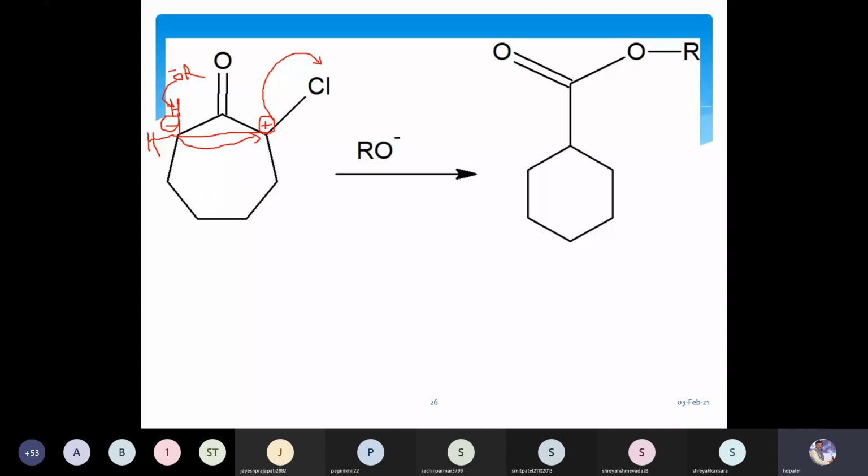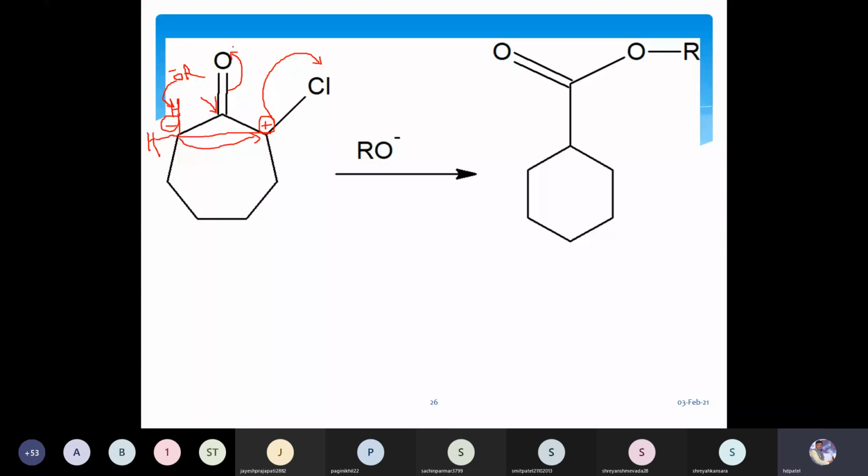When we have the cyclopropanone derivative, OR minus will attack on this position. The oxygen will pull electrons, and the bond formation between C and OR will take place.